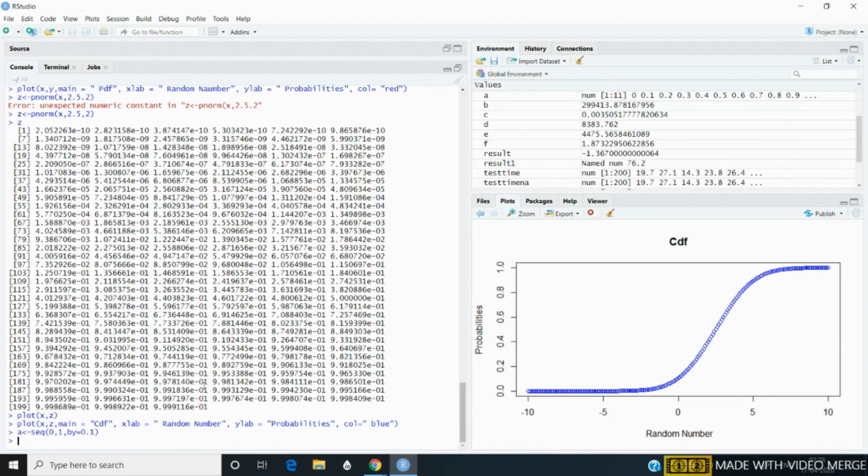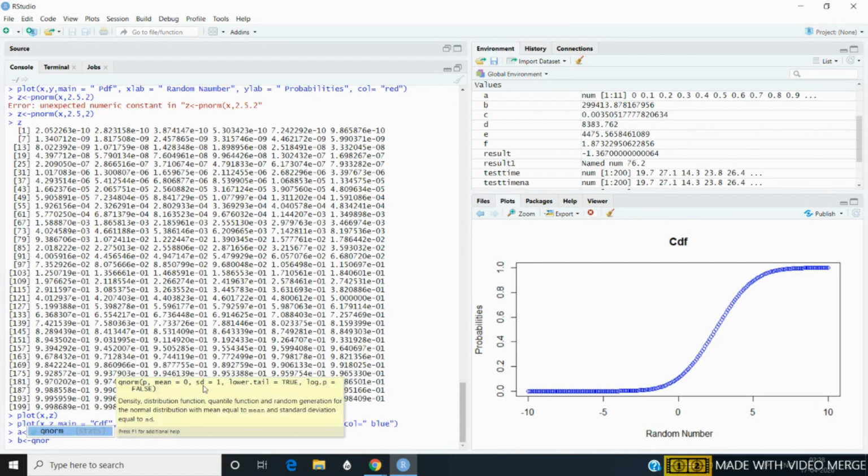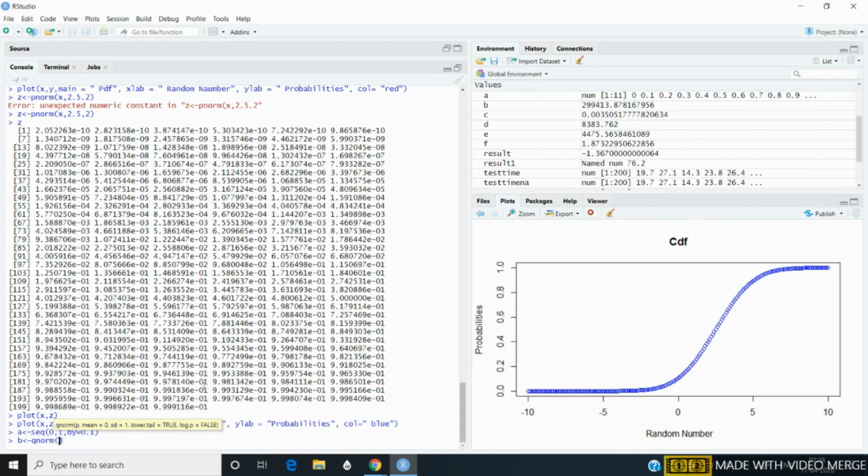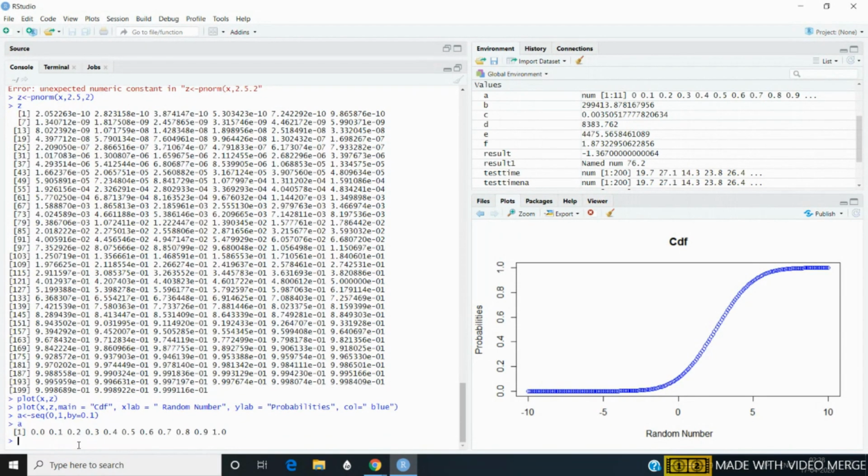So I'm assigning a variable b, qnorm. Now for each value in a that I created, let me show you first a. Okay, what is the value of a? So these are the values 0, 0.1, this way to 1.0.